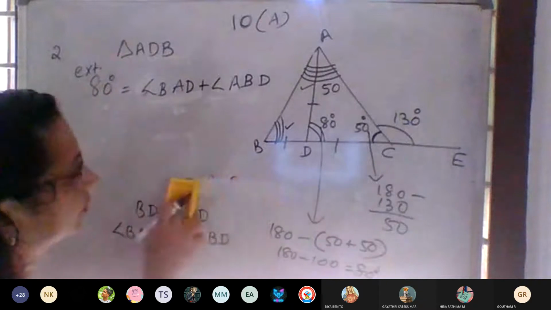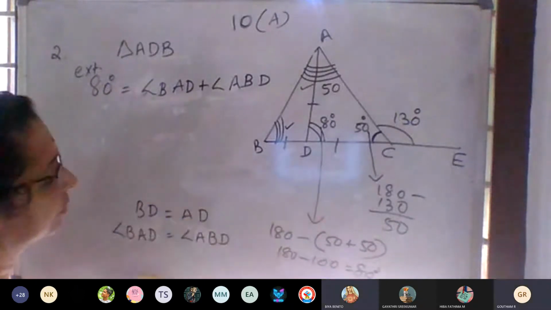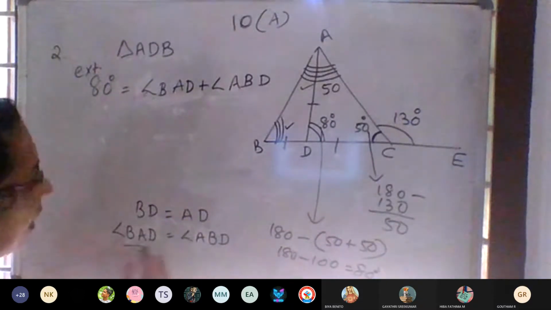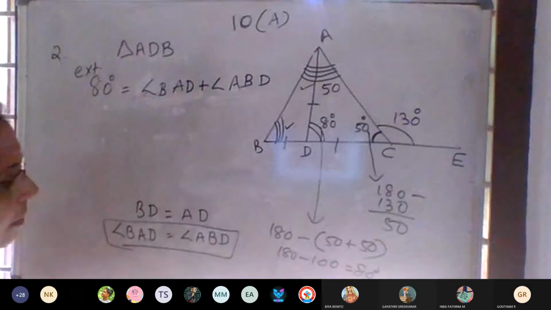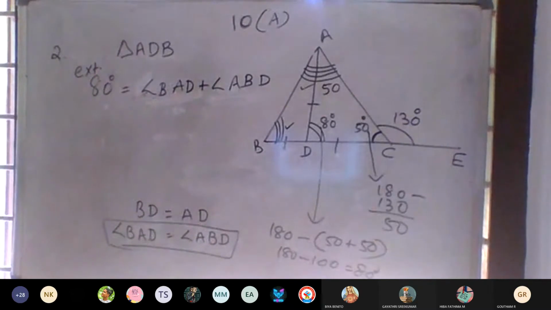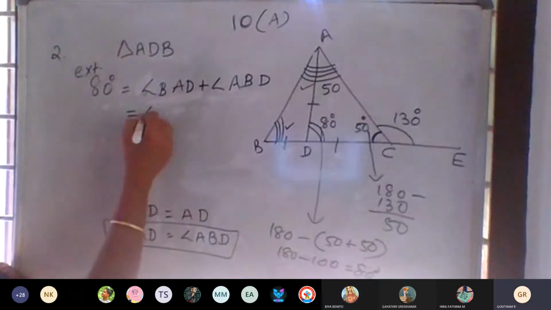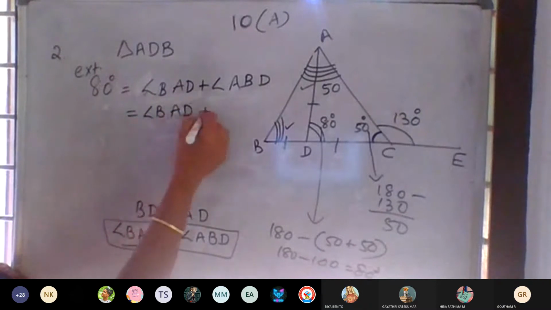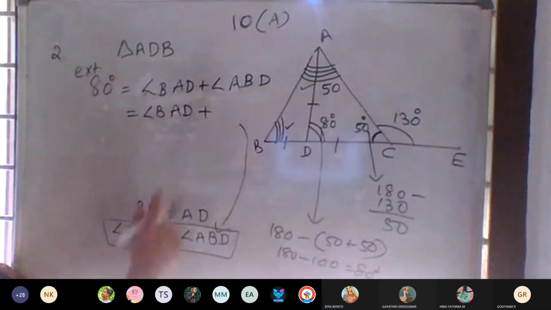Any doubt in this? Is it clear? Yes, ma'am. Then BAD is equal to angle ABD, so instead of angle ABD we can write BAD.